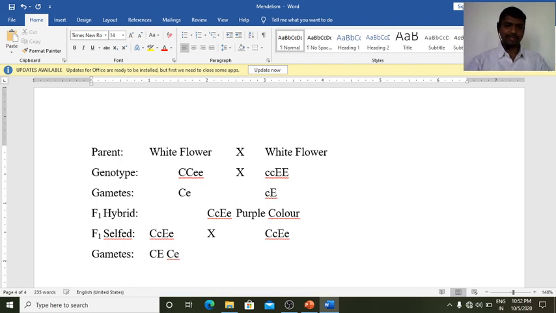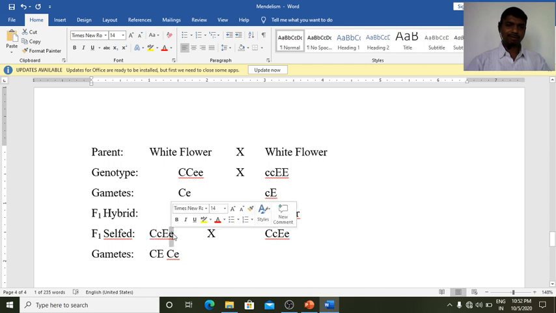Now we go for the second letter. Here I am considering only the first letter of the genes C and E. Two genes, C and E. I use capital C, then the first letter of the other gene, capital E. Now again first letter of the first gene, capital C, second letter of the second gene, small e.